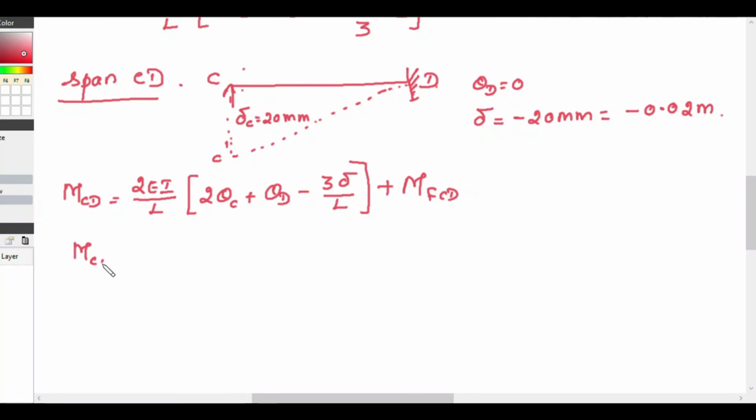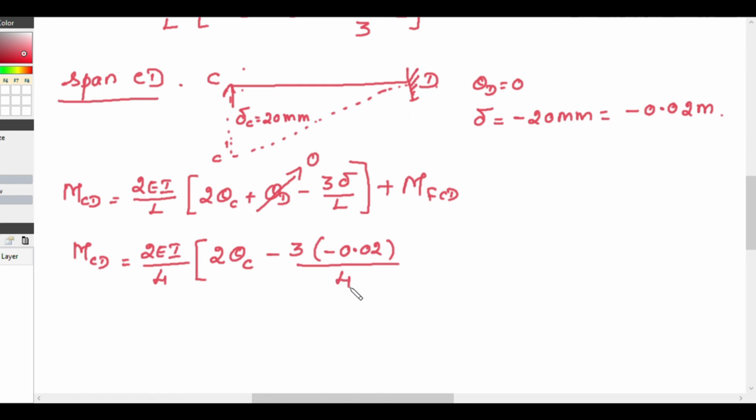So MCD is equal to 2EI by L, L is 4 meter, into 2 theta C plus theta D, theta D is equal to 0. So we get minus 3 into the value for delta, minus 0.02 divided by L, L is 4. MFCD is minus 3 kilonewton meter. This is our equation number 5.